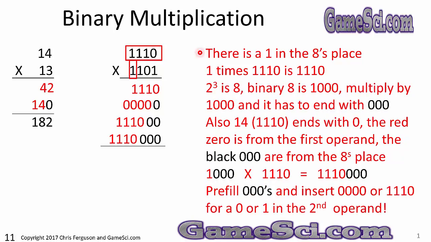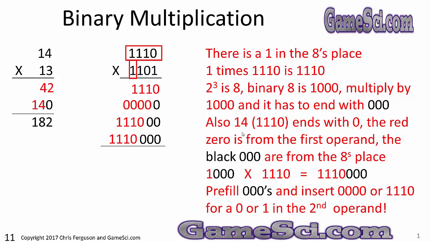Finally, there's a 1 in the eighths place. 1 times 1110 is 1110. 2 to the third power is 8. This is a 1 in the eighths place. Binary 8 is 1000. If you multiply by 1000, it has to end in three zeros.